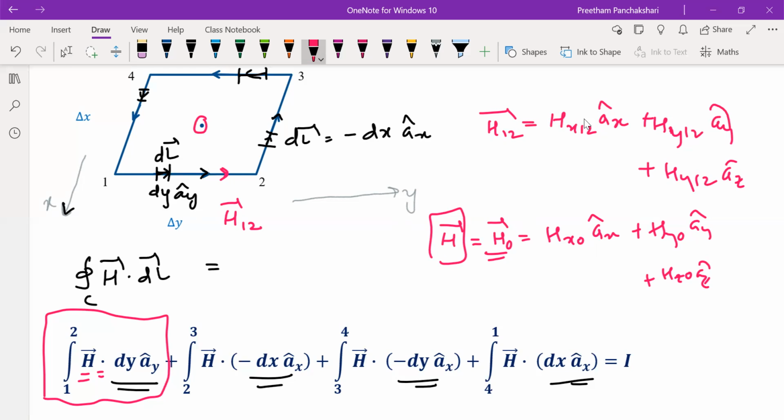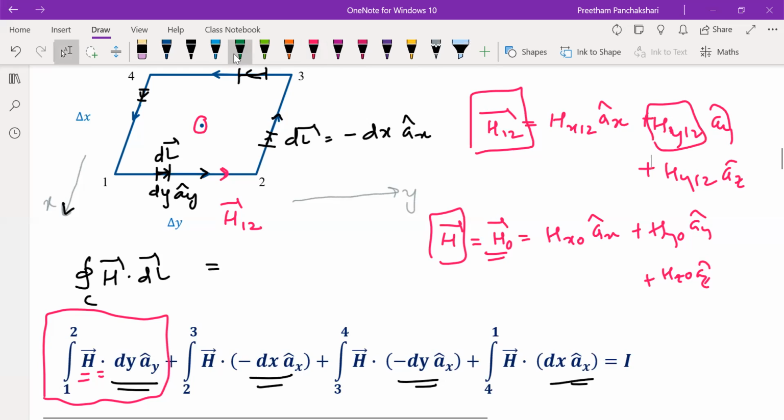Now with this H12, if you perform the dot product with dy ay, then ax dot ay is 0, ay dot ay is 1, az dot ay is 0. That means only the y component of H will be obtained after the dot product. So after the dot product we will have only Hy12.